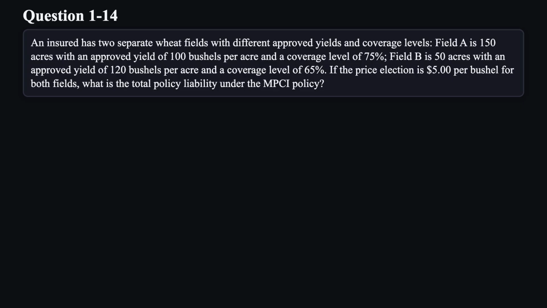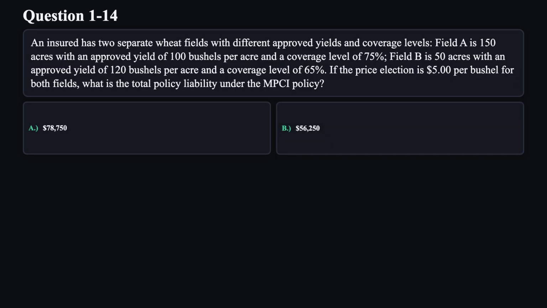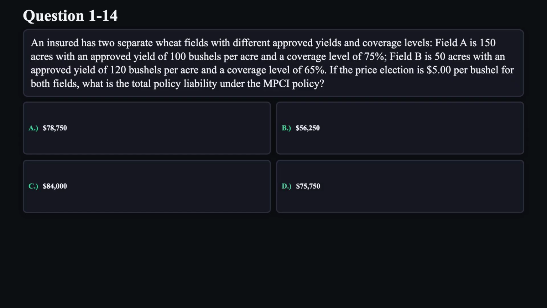If the price election is $5 per bushel for both fields, what is the total policy liability under the MPCI policy? A. $78,750. B. $56,250. C. $84,000. D. $75,750.